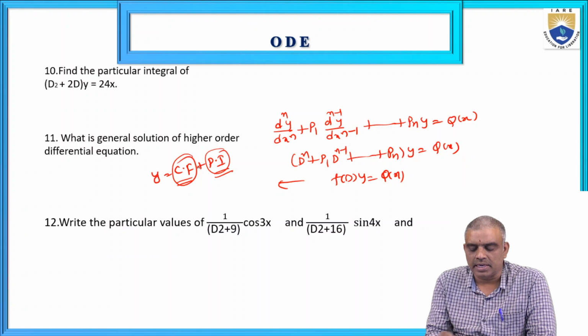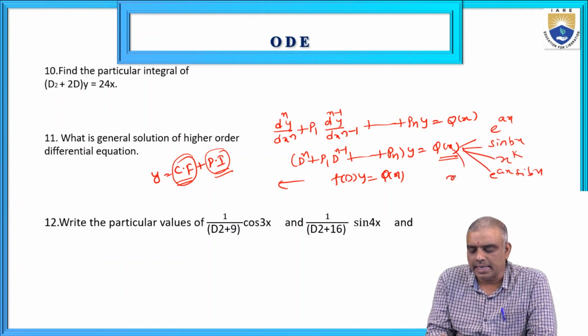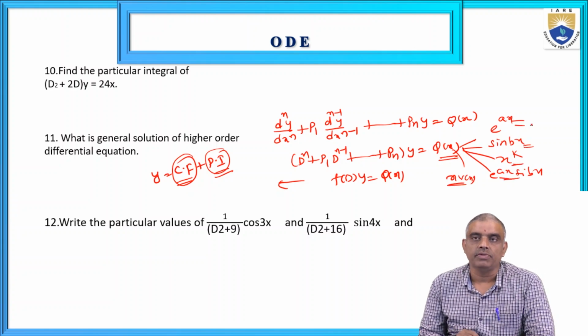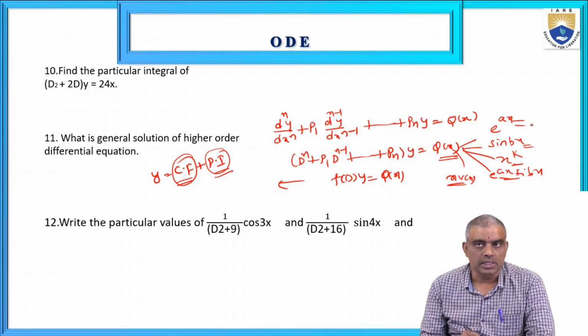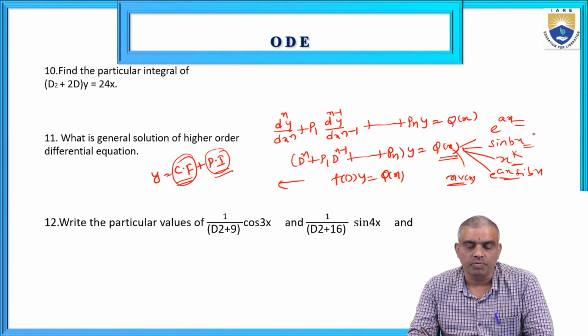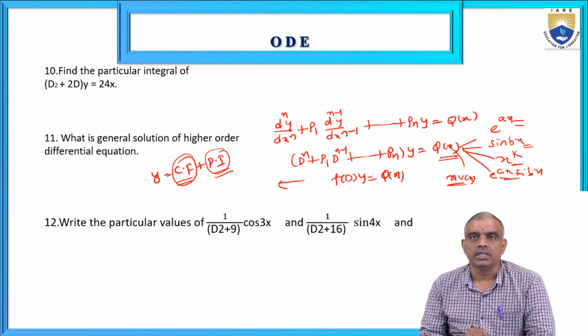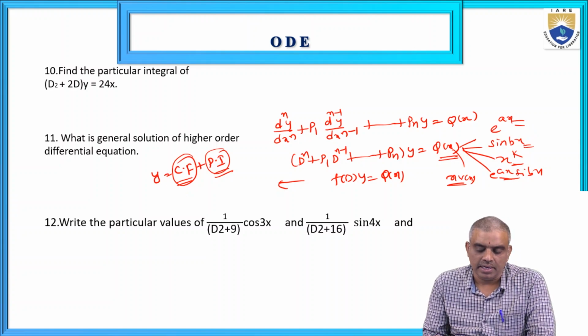Based on the right hand side function, which may be e power ax, sin bx or cos bx, x power k, e power x into sin bx, or x into v of x, we follow different methods. We have the general procedure also, but these are the available shortcut methods to find the particular integral. So the sum of the two is the general solution of the given differential equation.